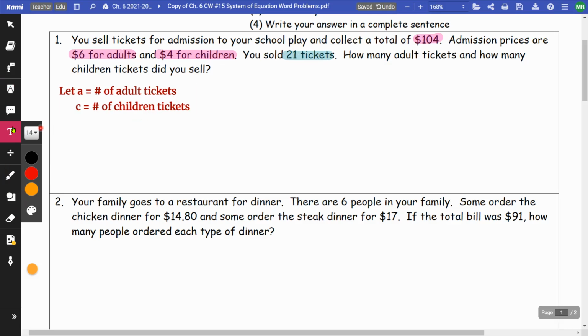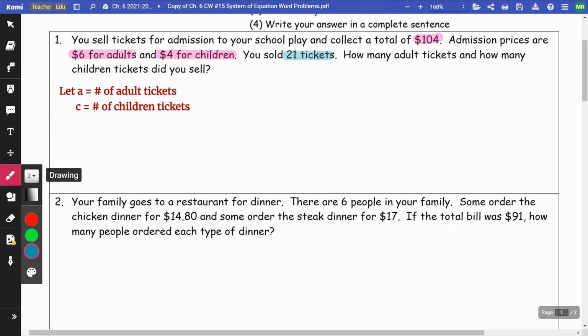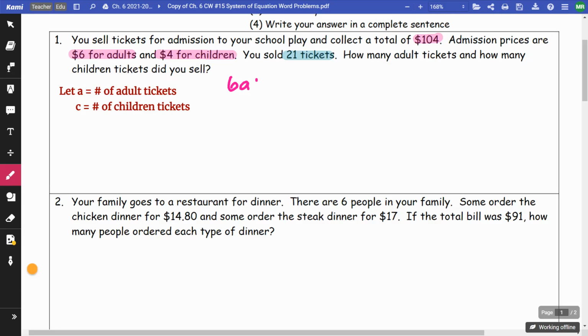So for my first one, I am going to write 6A plus 4C, because that's $6 for each of the A number of adult tickets, $4 times each of the C number of children tickets, and that's going to equal $104.